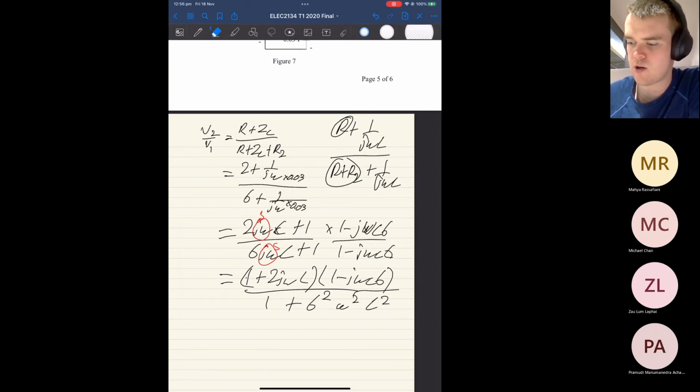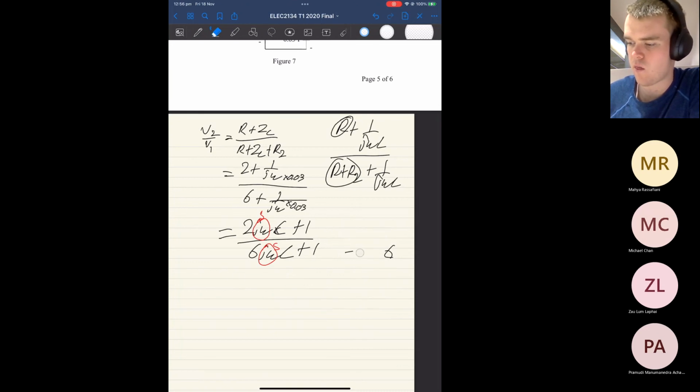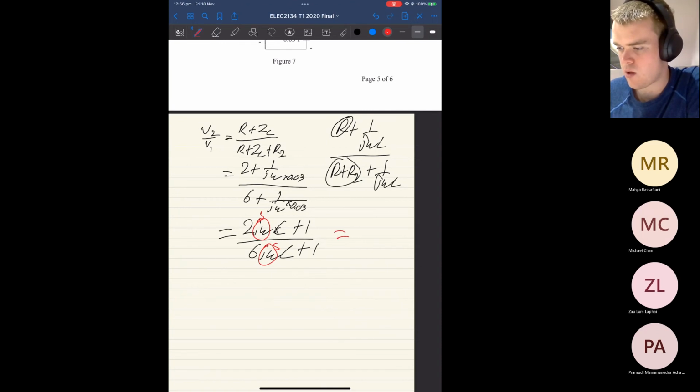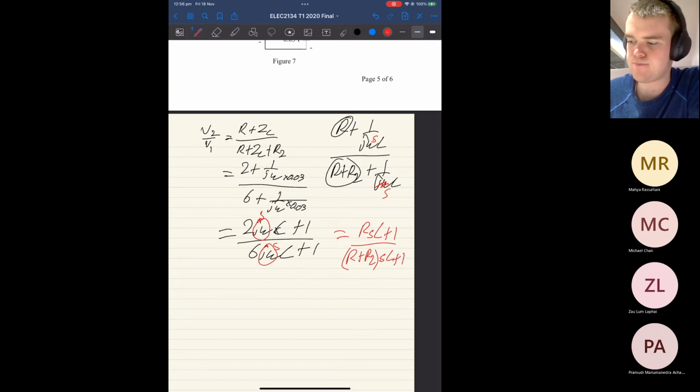So what you want to do is just go back to here. We don't need to do this. This becomes s, and this becomes s. So you get RsC plus 1 on R plus R2 sC plus 1, which in this case is relatively nice to solve.